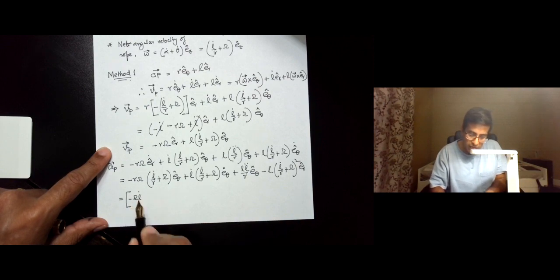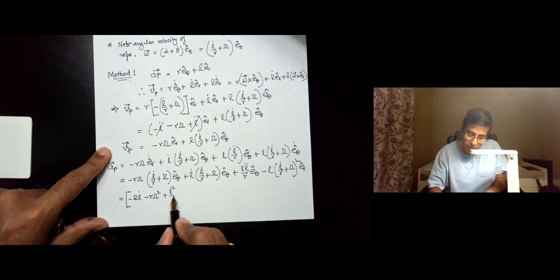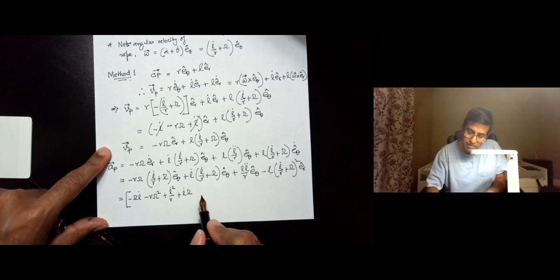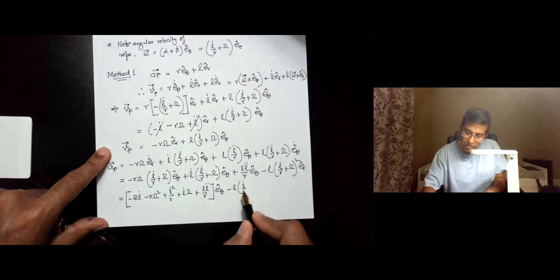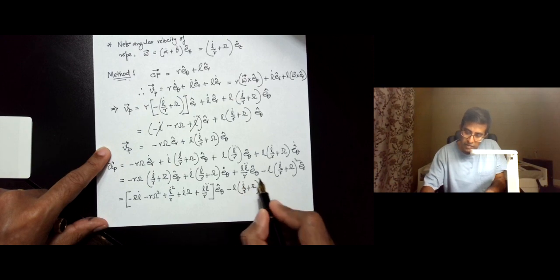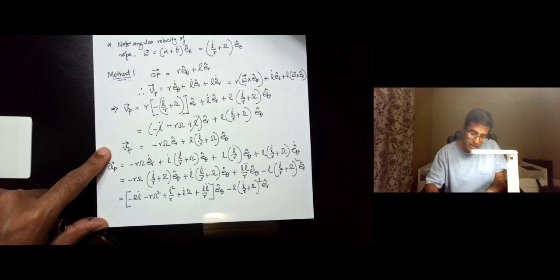Minus omega L dot minus R omega squared plus L dot squared over R plus L dot capital omega plus L double dot over R, all these things times E theta, minus L times L dot over R plus capital omega squared Er.